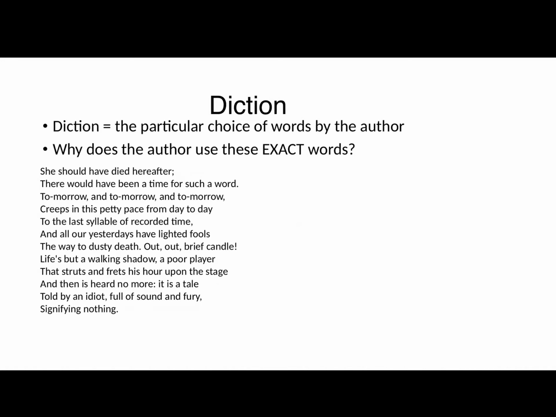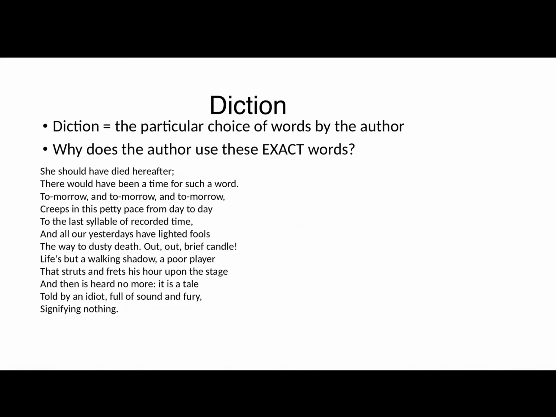Diction is one of, I would say, the big four. The things that show up the most often. If you could only pick 4 things to always have to write about, no matter what the prompt is, I would say they would probably be diction, syntax, imagery, and figurative language.